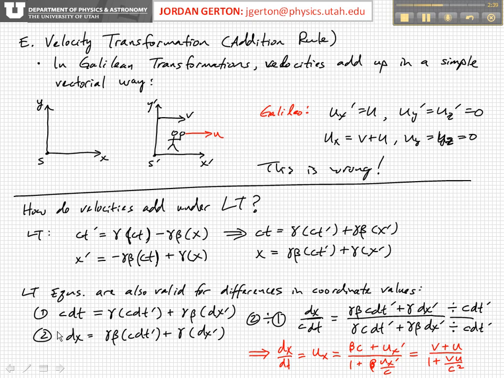Now if we divide the second equation by the first equation, 2 divided by 1, we get dx over c dt is equal to this expression. All I've done is insert what I've put in these two equations.